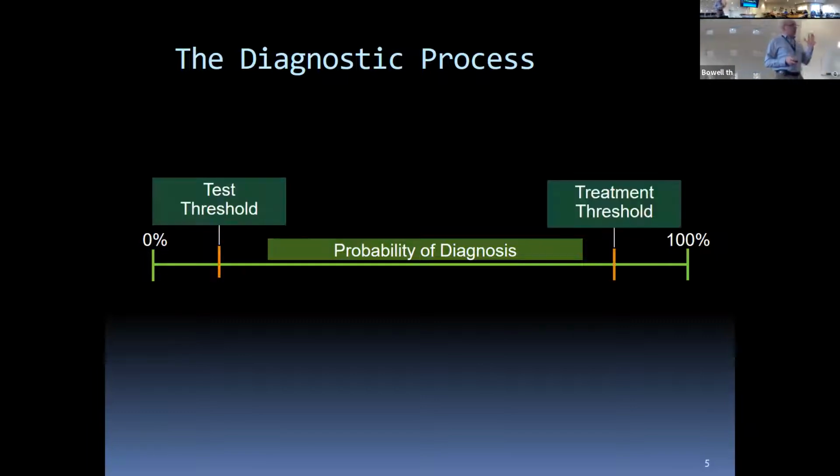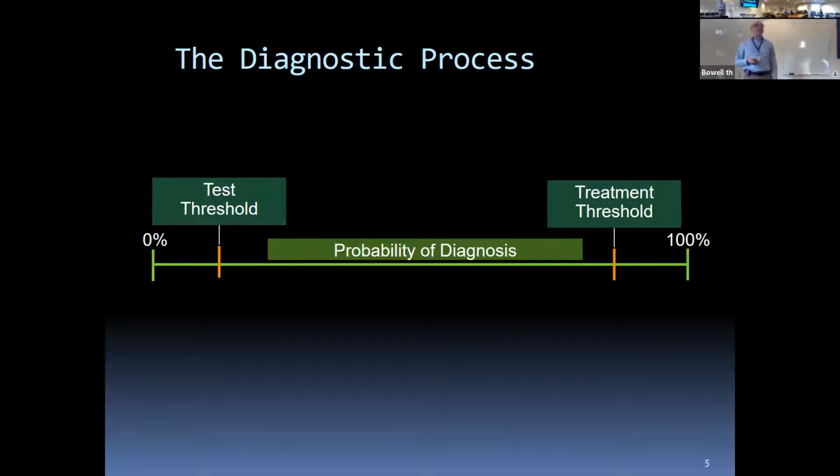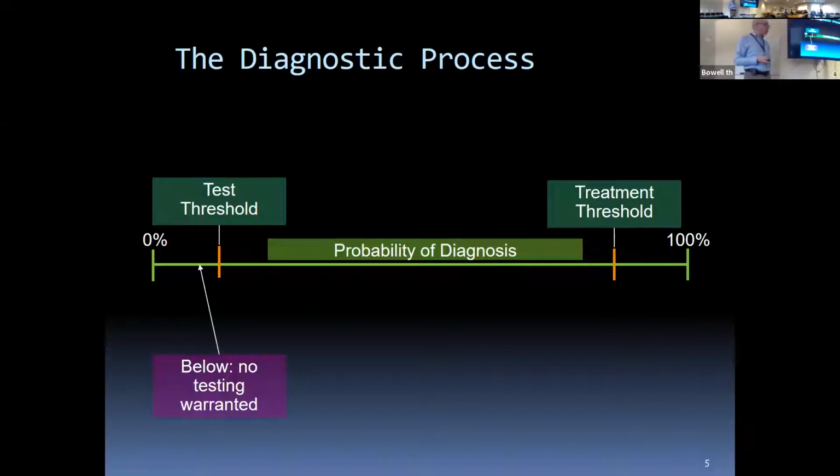And usually what we think about is that there are thresholds. If we really know that it's 100% positive, why are we running a test? So once it crosses that threshold, we should probably not do any tests.